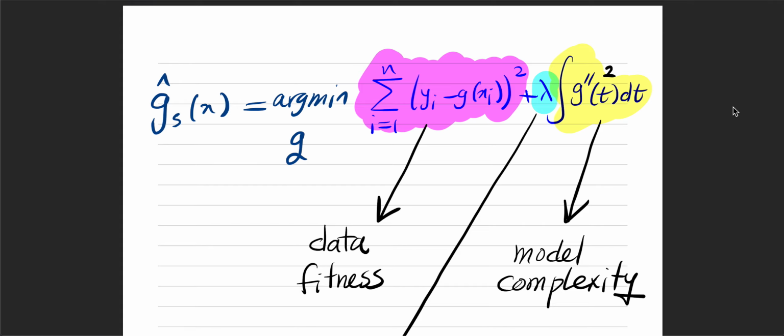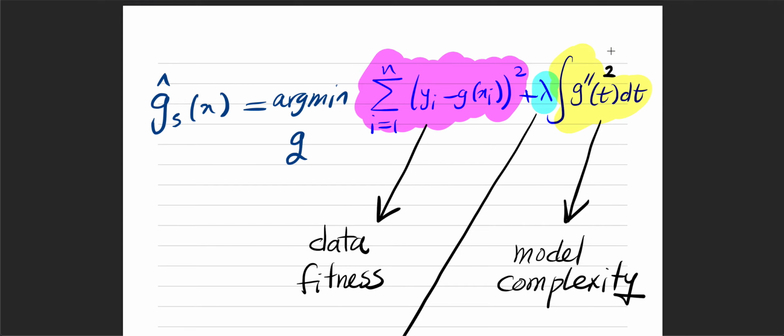Okay, so this term is a penalty. It measures the model complexity. If g is bigly, if g goes up and down a lot, the second derivative would be large, so the square of it would be large. So when we integrate it over the interval, this will be a big penalty, big model complexity.